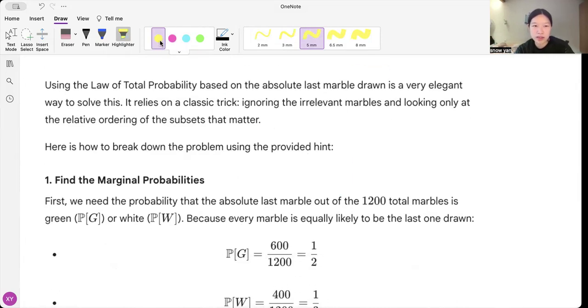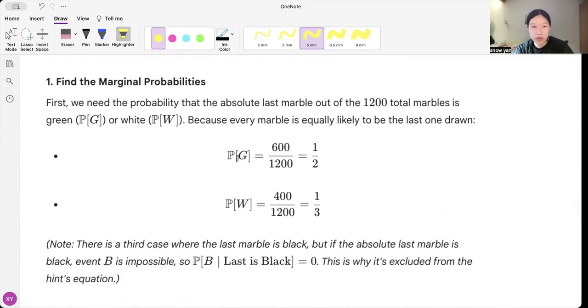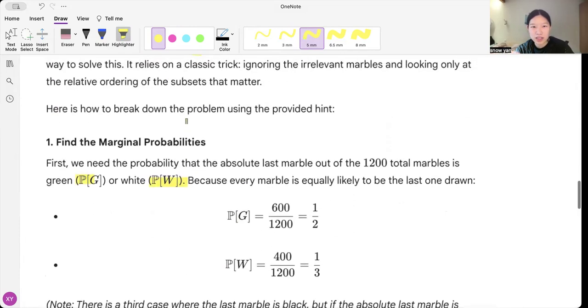The second approach is, I think, a bit neater. It uses the law of total probability, which avoids using inclusion and exclusion. Here we set up G and W, where G means the very last marble is green and W means the very last marble is white.